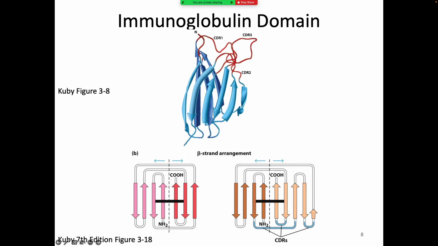If we actually do amino acid sequencing on all the variable regions in all the world, we find out that there are 3 parts of the variable region that vary the most. We refer to those 3 parts as the hypervariable regions because they're really, really, really variable.